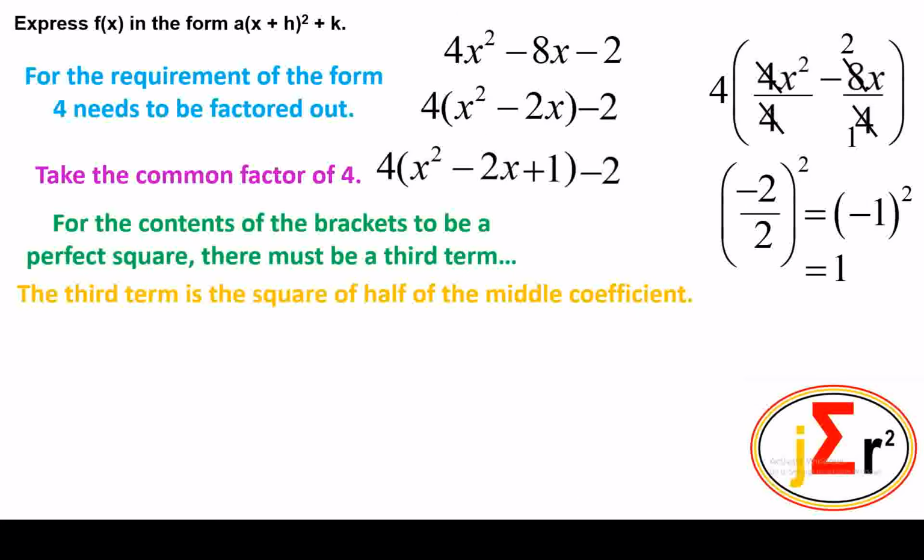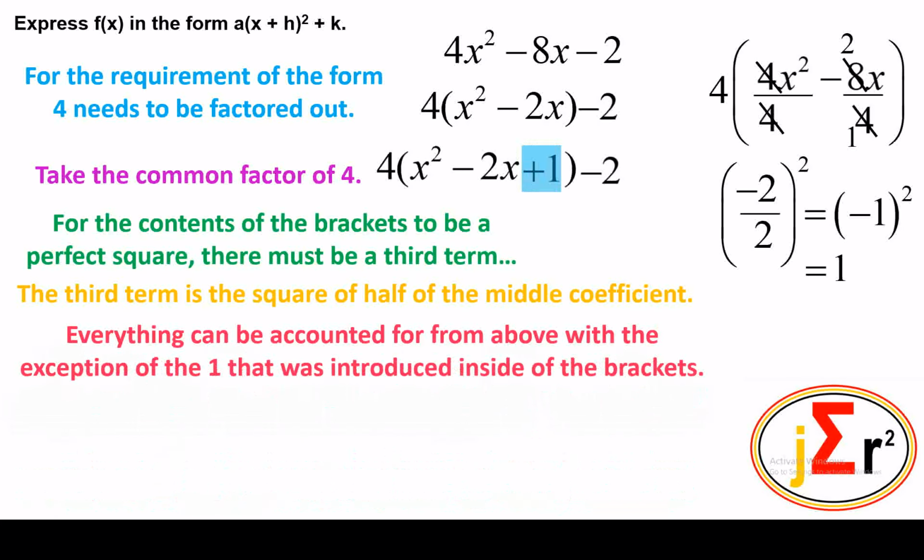Notice that we are carrying along with us the negative 2 that we started off with in order to maintain the integrity of the expression. Do not forget that this positive 1 was just included and we need to make an adjustment for it.